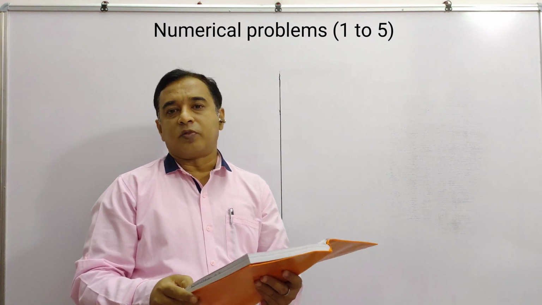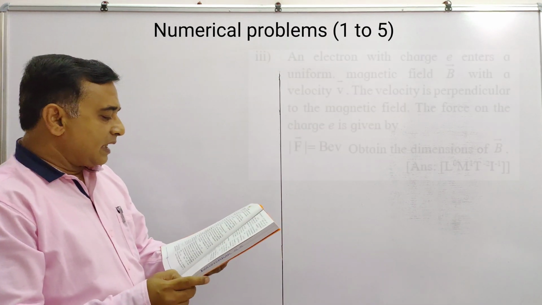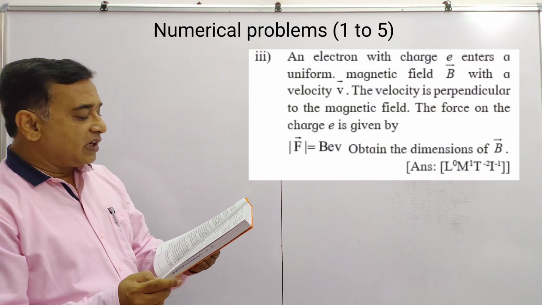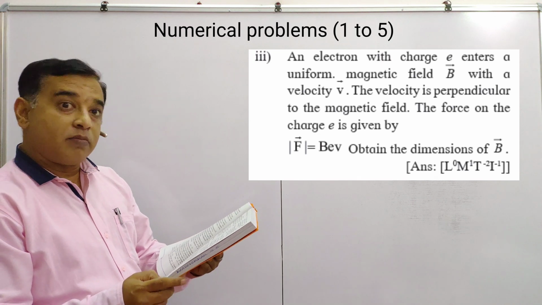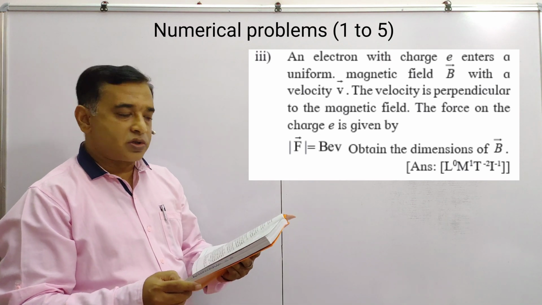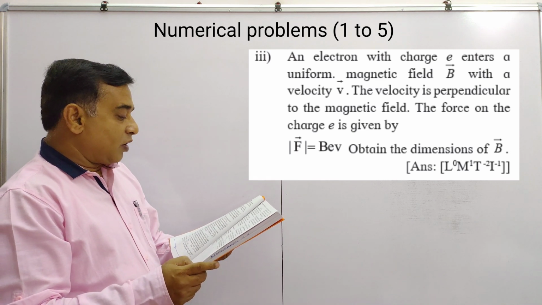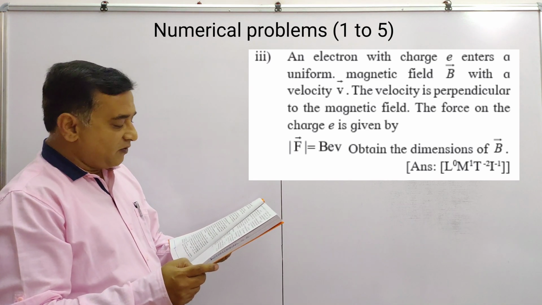We have the third problem from the board book. An electron with a charge E enters a uniform magnetic field B, magnetic induction we say, with a velocity v. The velocity is perpendicular to the magnetic field.